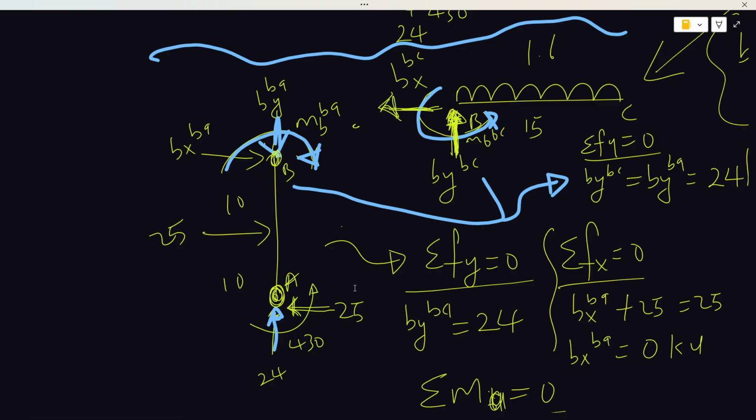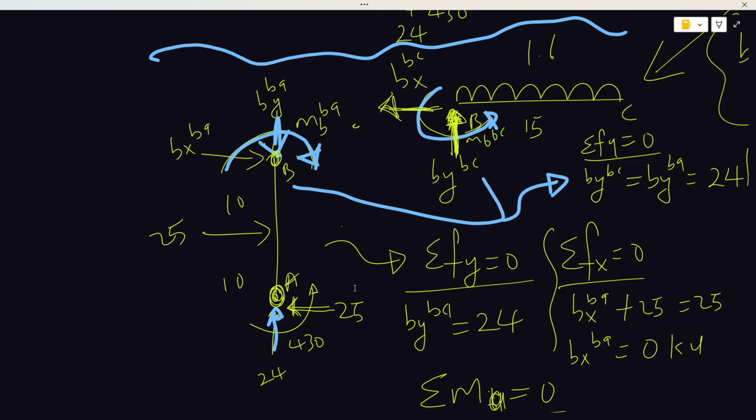Why do we need the decomposed part of the structure to get the shear force and bending moments? Sorry, guys. We need this because when we draw our shear force and bending moments, we are drawing for individual members. We are asking, what is the shear force in this column? What is the bending moment in this column?